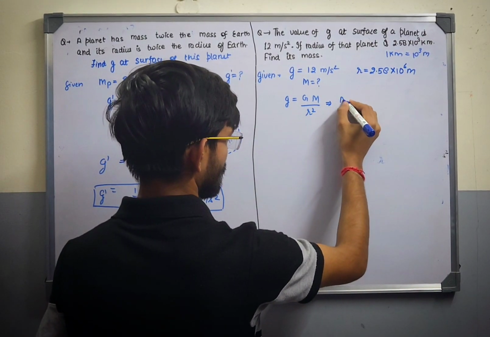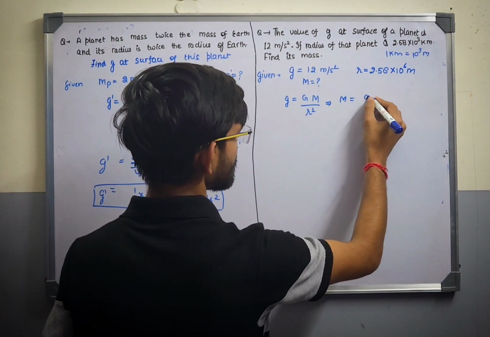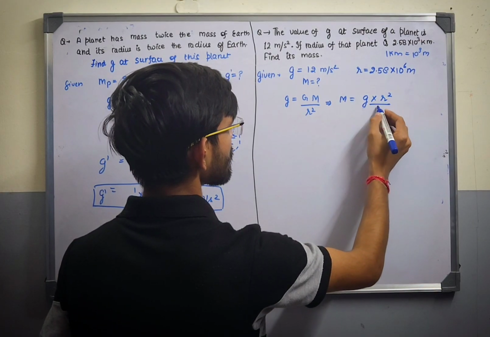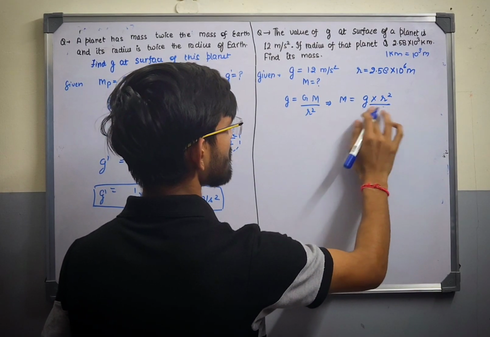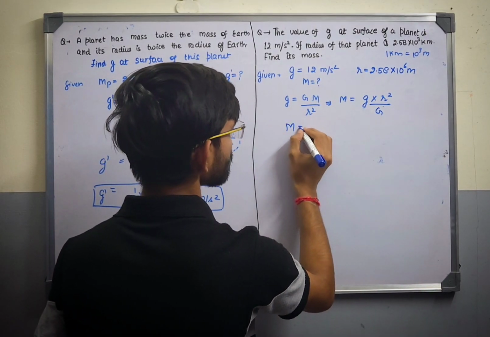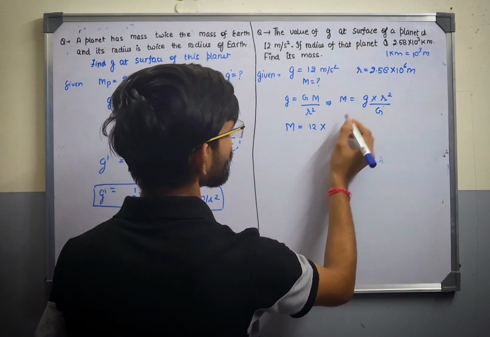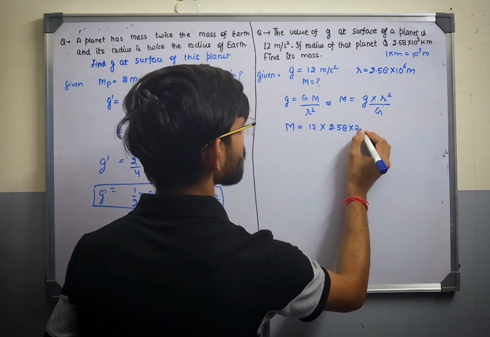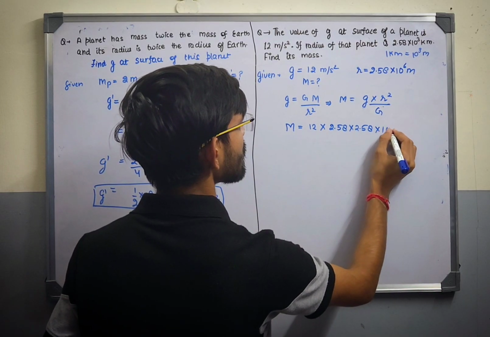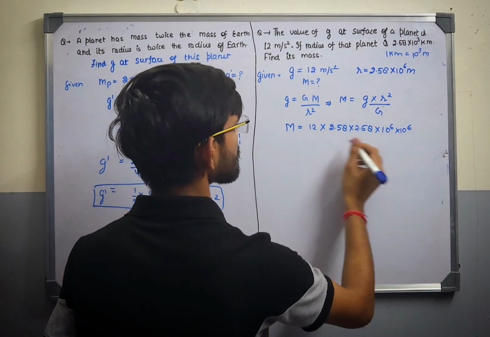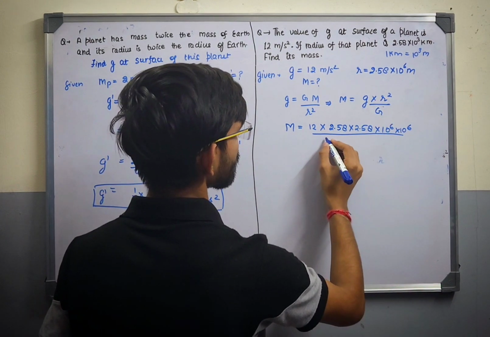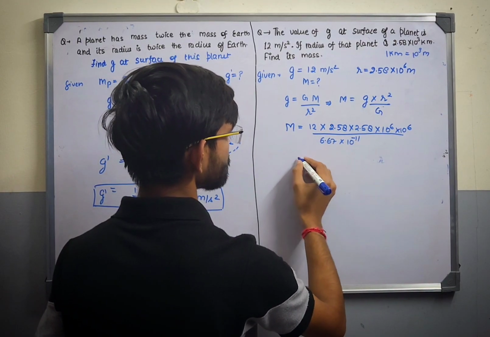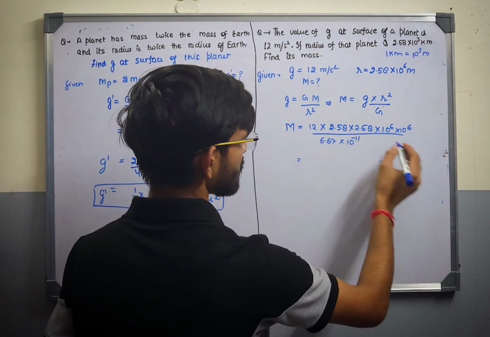From here, if I have to find mass, I can write this as m equals g into r square upon capital G. So put the values. g is 12 into r square means 2.58 into 2.58 into 10 raised to power 6 into 10 raised to power 6, upon the value of capital G, which is 6.67 into 10 raised to power minus 11. 2.58 into 2.58 becomes 6.67.